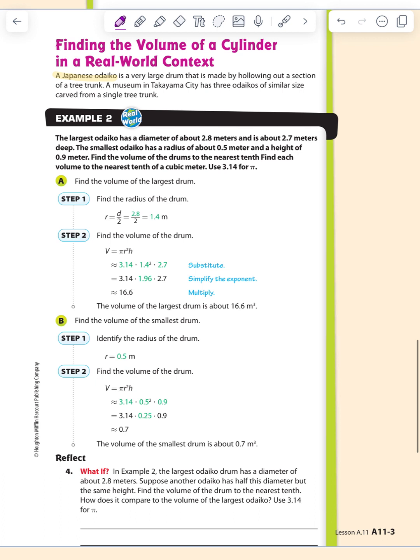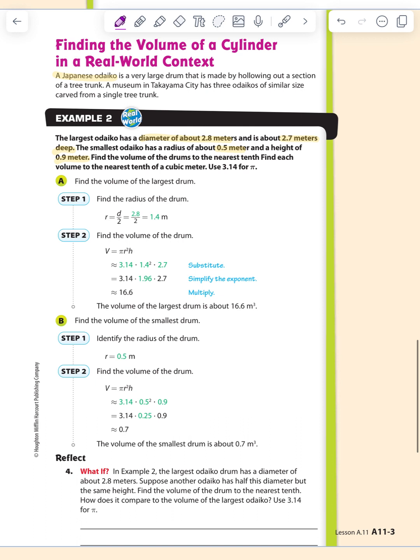So this odaiko has a diameter of 2.8 meters and is about 2.7 meters deep. That would be our height. The smallest has a radius of 0.5 meters and a height of 0.9. We are going to find the volume of both of these drums.